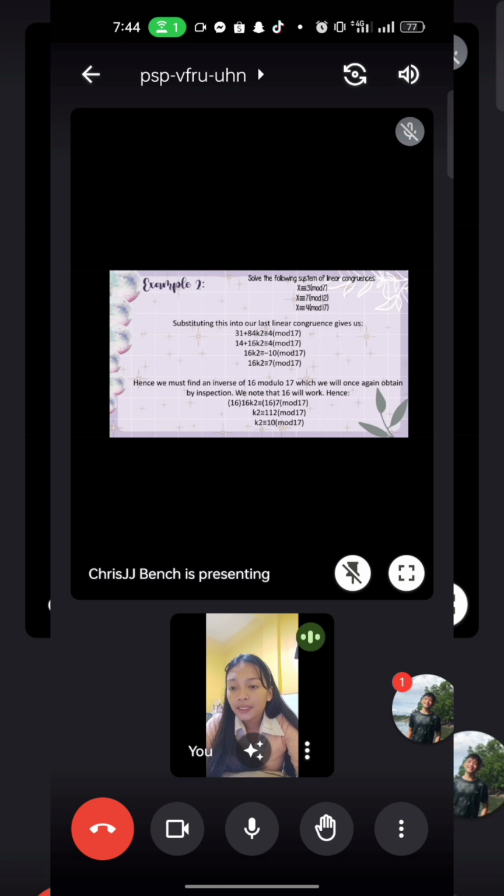So 14 plus 16k2 is congruent to 4 mod 17. And the positive 14 will be transposed to the right side. This will give us 16k2 is congruent to negative 10 mod 17, and 16k2 is congruent to 7 mod 17.